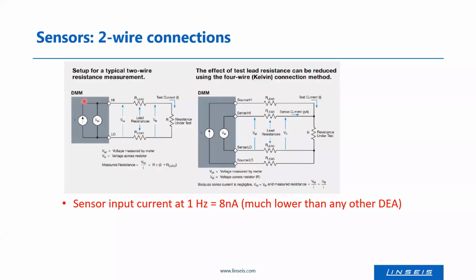This allows us this 2-wire technology, and this has some price advantages. The 4 wires are much higher in price, and the bonding of reusable sensors is much easier with 2 wires.